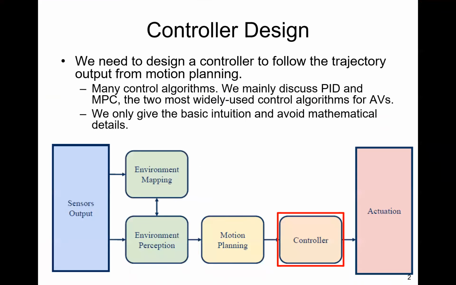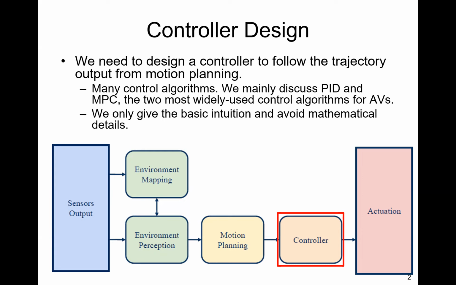So control is the last step in the perception, planning, control pipeline in the autonomous vehicle. We discussed the perception in the past few lectures.